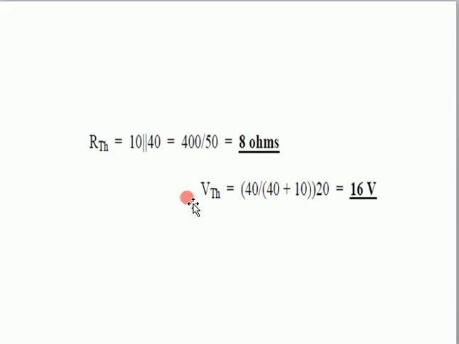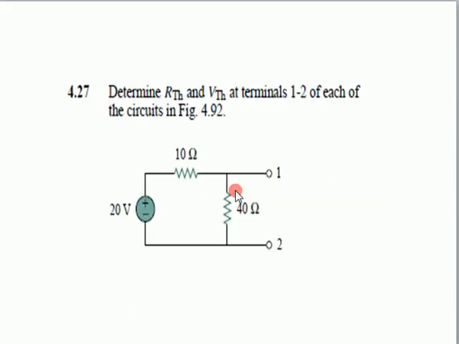Now we have to find out the value of VThevenin. It is very easy to find, because it is the open terminal voltage, that is the open circuit voltage VThevenin here. Simply we will apply the voltage divider rule here.